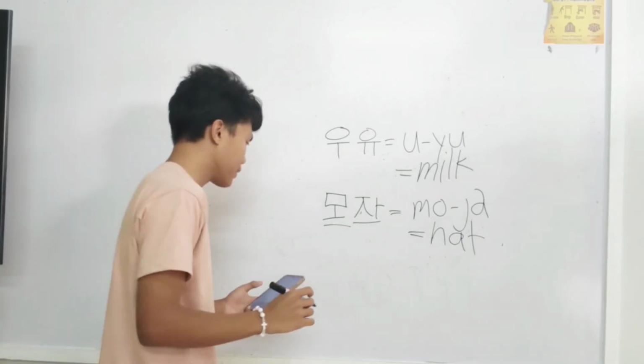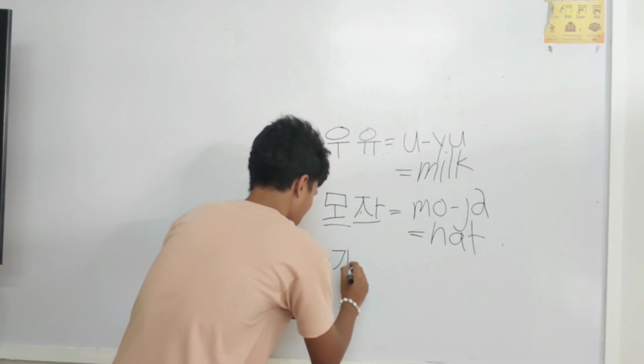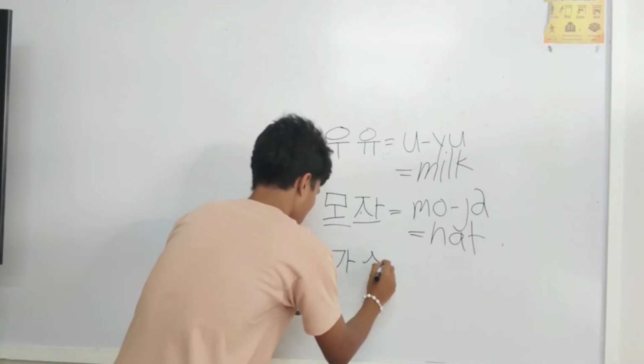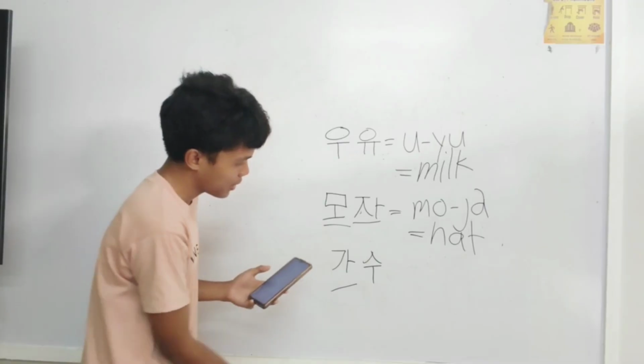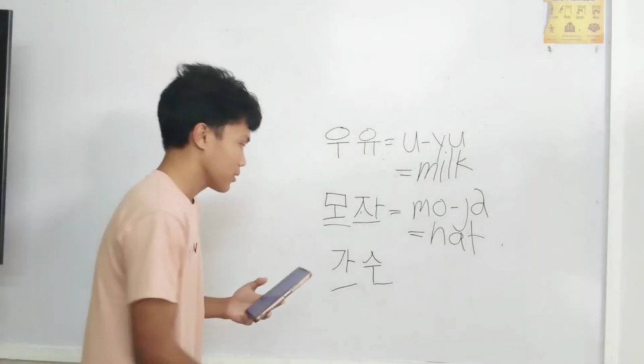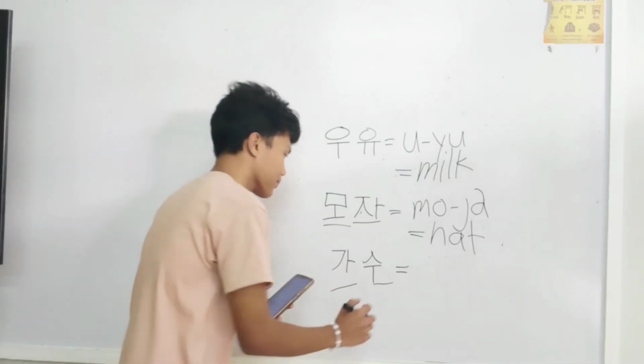And the third one is ga, su, which means singer.